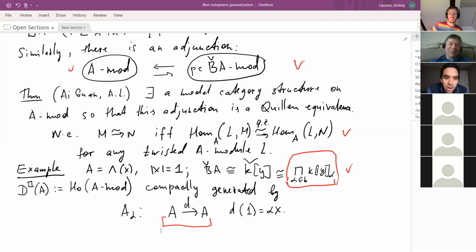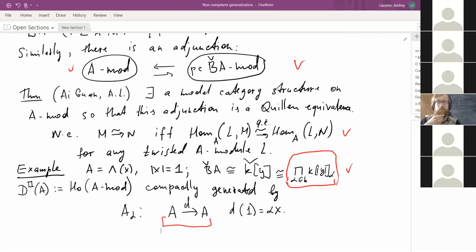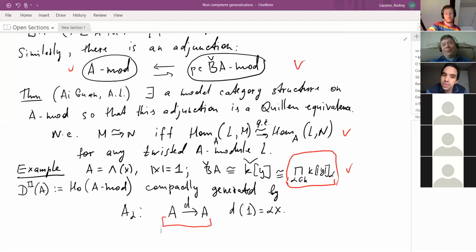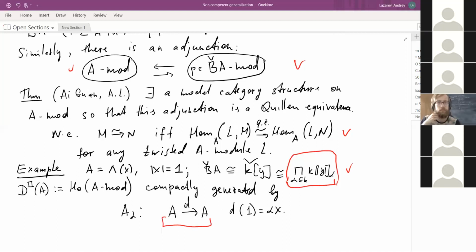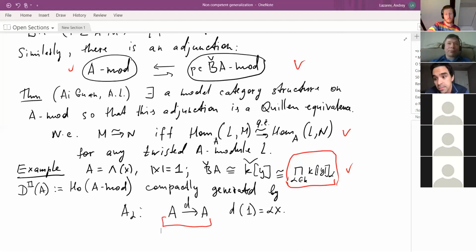So, do you have any interpretation of what you get when you consider the category, let me say, when A equals chains on the based loop space of a space, and you consider A-modules with this model structure? Right.